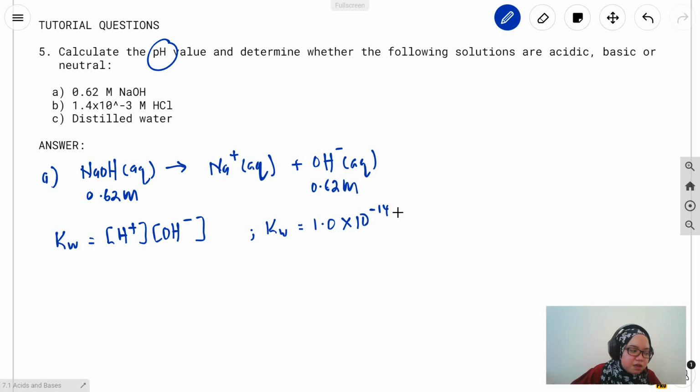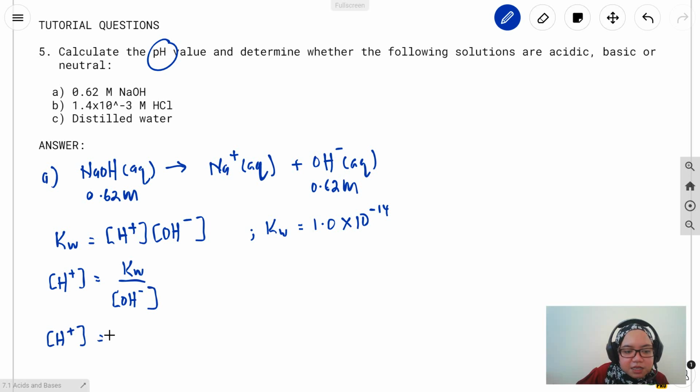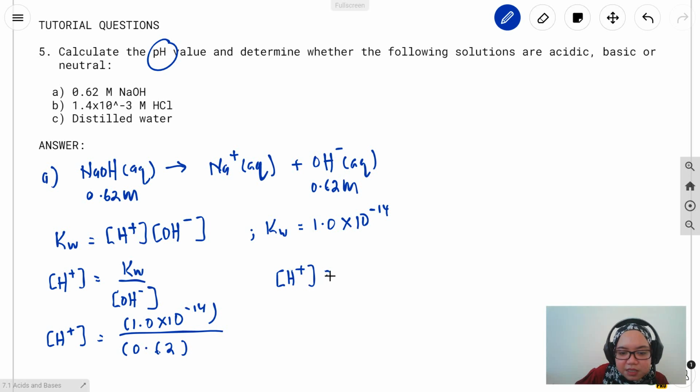Am I right? So we can find the H plus here. So H plus here is actually equals to Kw divided by concentration of OH minus. So we get here the concentration of H plus here is equals to 1.0 times 10 to the power of negative 14 divided by 0.62.